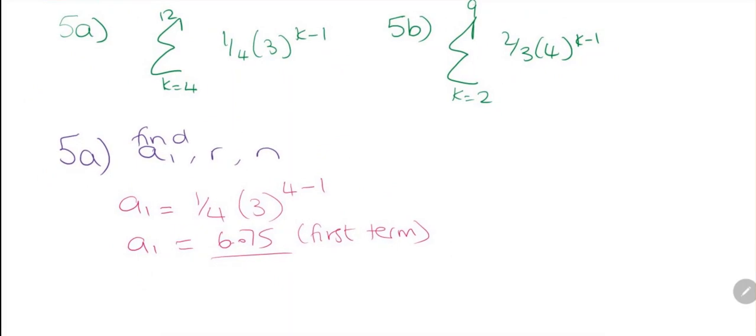Now we need to find the ratio. So the ratio is the base. So this is going to be 3. And then we need to know n.